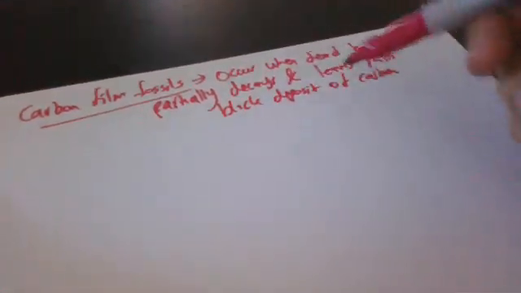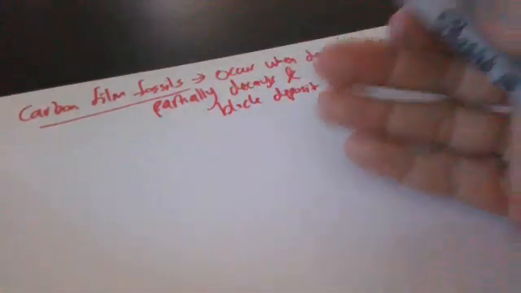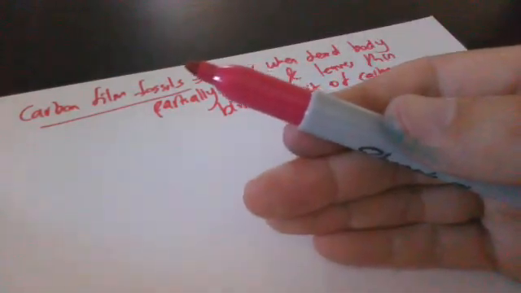And I should have also mentioned before, replacement fossil, just think of replacing the actual fossil with a chemical. Carbon film, think of carbon. So the dead body eventually forms into carbon.